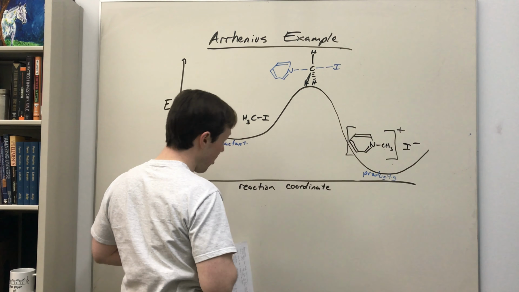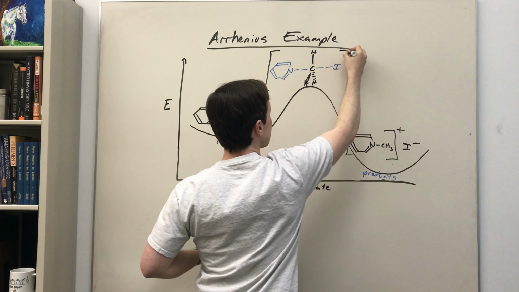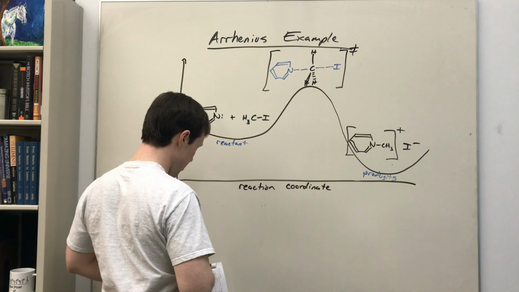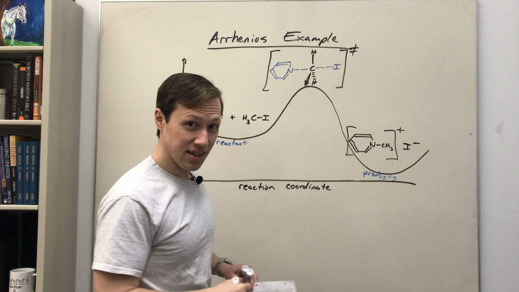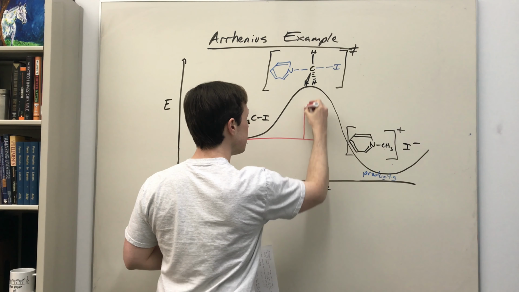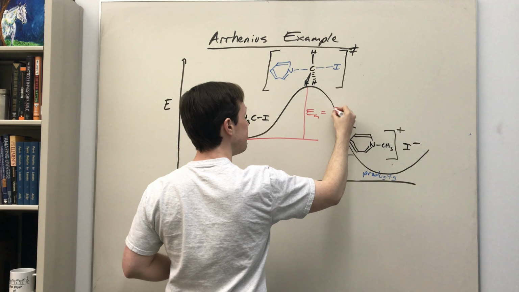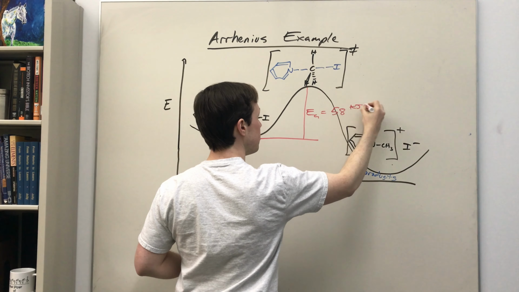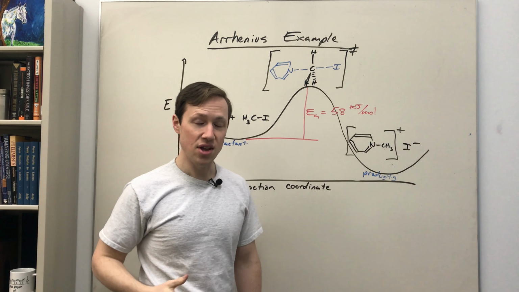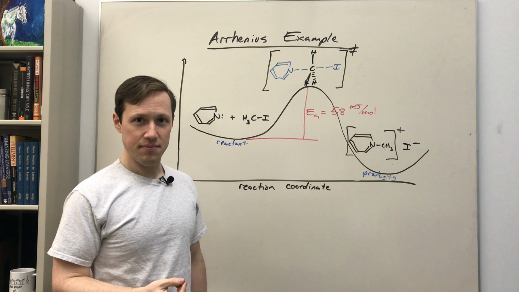So this is our transition state structure. And it's observed that relative to the reactant here, this transition state has an energy of 58 kilojoules per mole. So the question is, what would our reaction rate constant be?